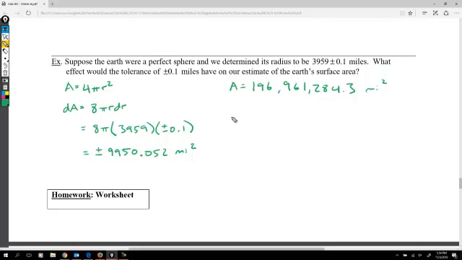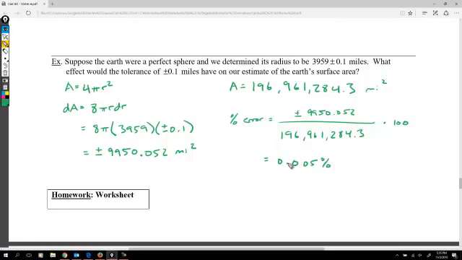Okay, so if I were to find my percent error, just by taking my error here, which I found using differentials, dividing it by my actual value, and multiplying by 100, you end up with a percent error of 0.005%, which is very, very small.